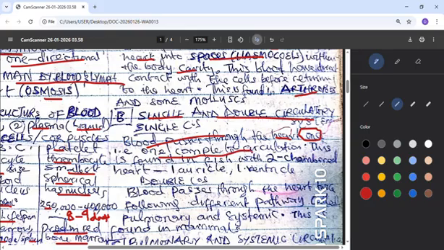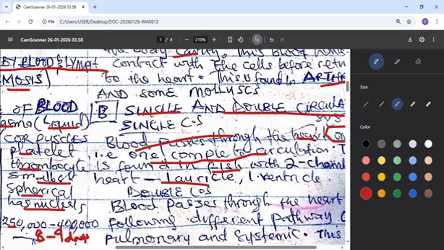This is found in fish with two chambered hearts, talking about the one auricle, the one ventricle. As I said, the blood will pass through the heart just once, one complete circulation, which is in fish, with two chamber hearts, one auricle and one ventricle.